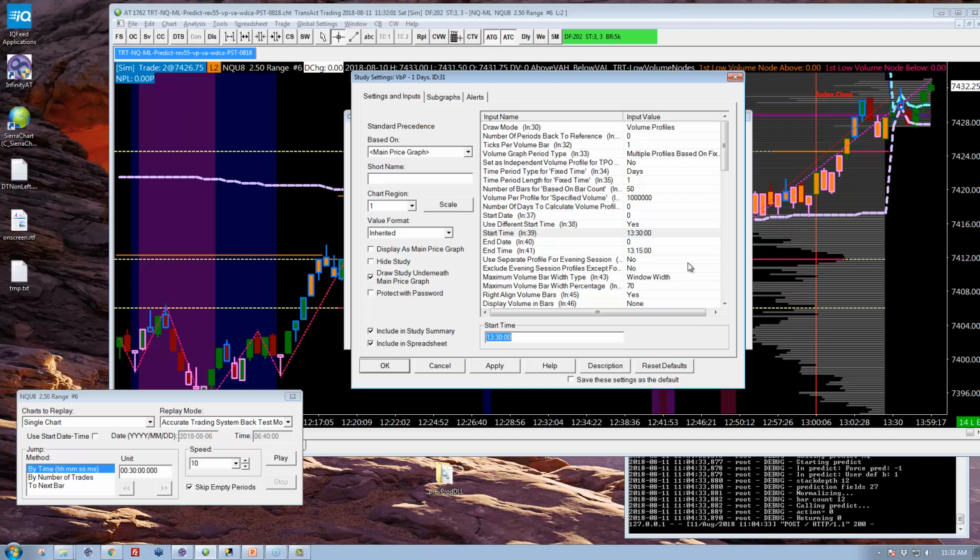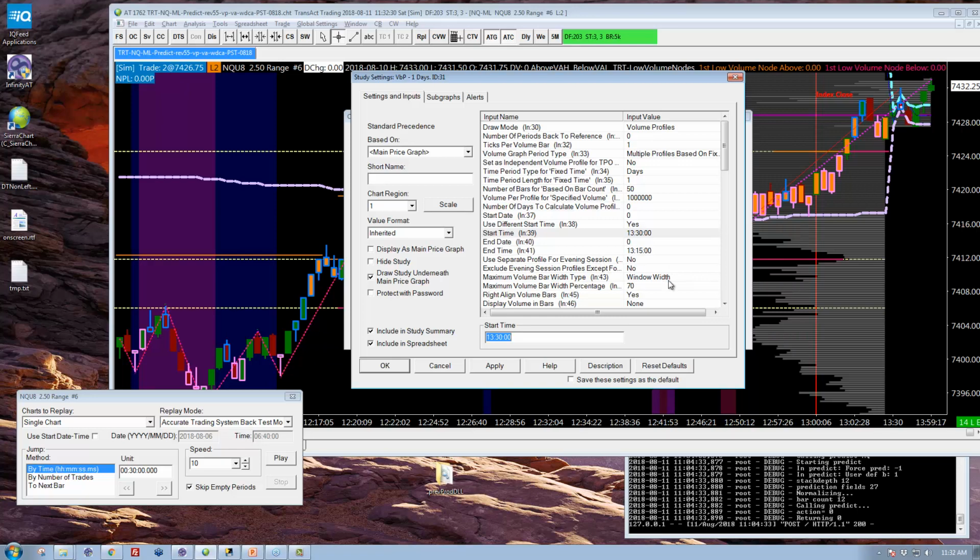And then either 5, 10, or 30 minutes later, we start placing trades based upon the profile at that point in time. So 13:30, the start of the electronic session, the day before. The end time is 13:15 today, right? The end of the electronic session.